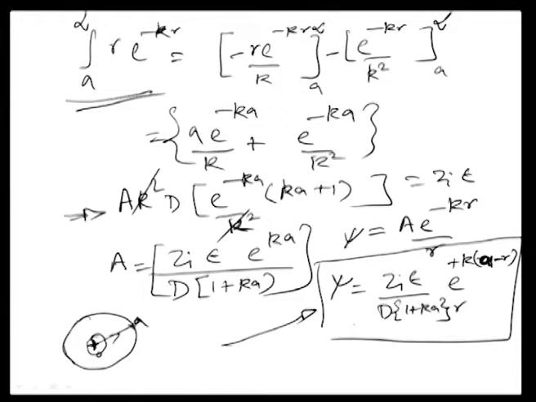So, at a, the potential because of the charge which is somewhere here or hidden here can be represented as xi at r equal to a is zie epsilon by d times (1 plus ka) times a.